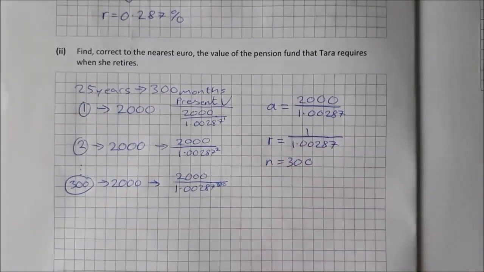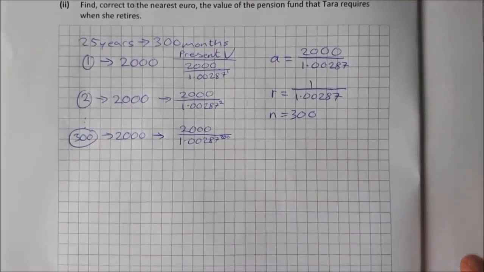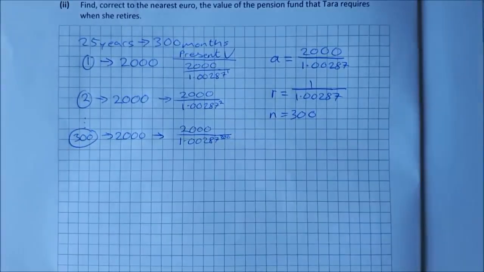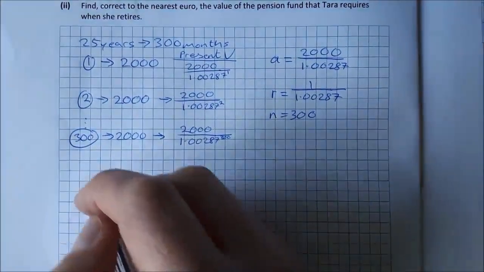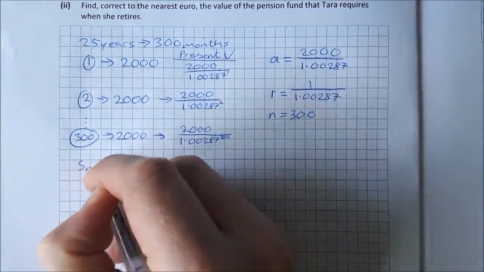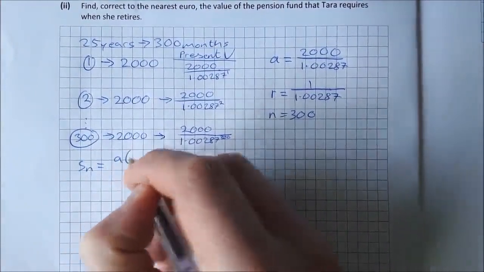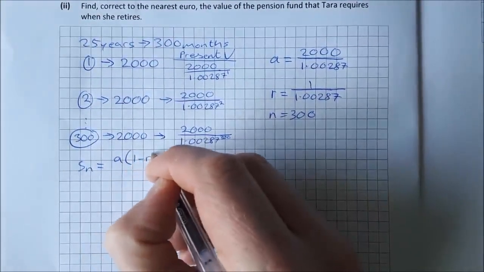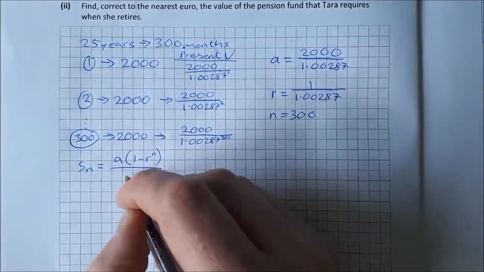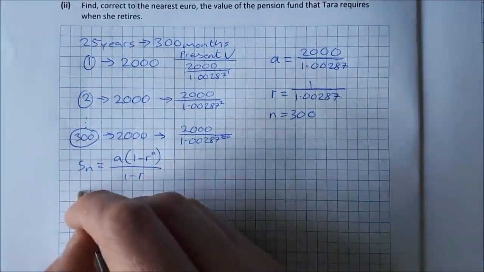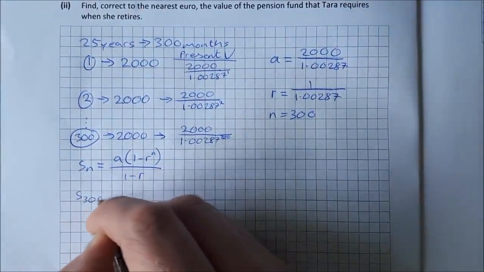So if we do the sum of our geometric series here, we'll find out how much that is worth at the start of her retirement. Our S_n formula: S_n is equal to a times 1 minus r to the n, over 1 minus r. So we want the S of 300.